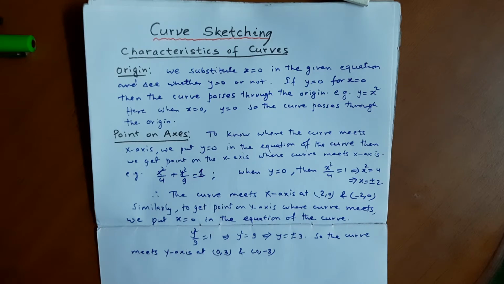And the reason behind putting x equals 0 to get the point on the y-axis where the curve meets it is that on the y-axis the x coordinate is 0. In this way we can find out the points where the curve meets the x-axis and y-axis. This also gives us an important idea about the curve.